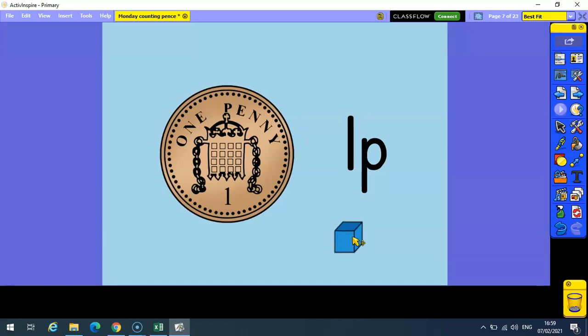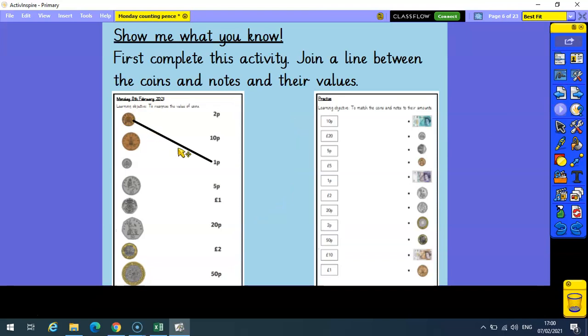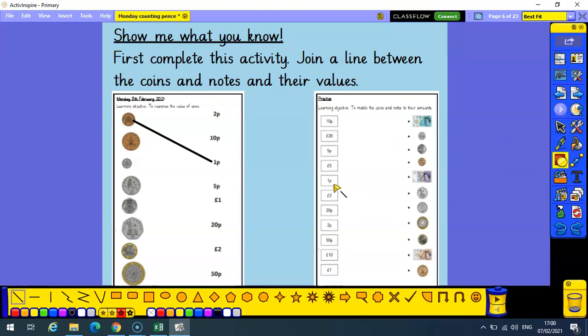My turn, your turn. 1 penny. 1p. Very good. That is the smallest one. Did you join up 1p and 1 penny? Did you get that right?